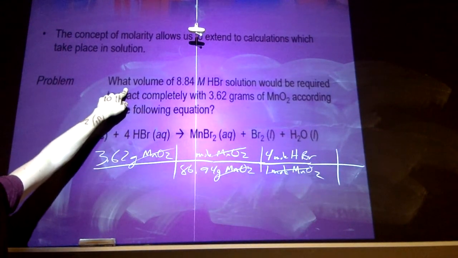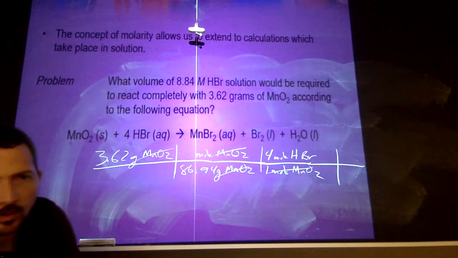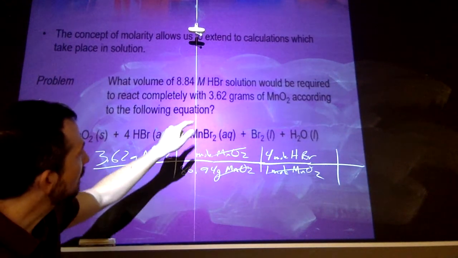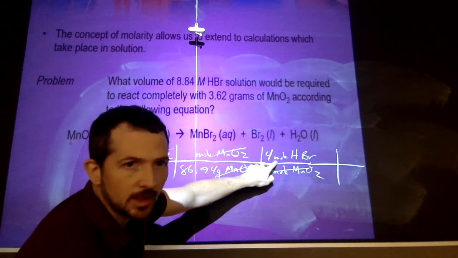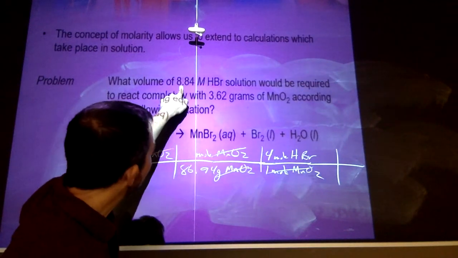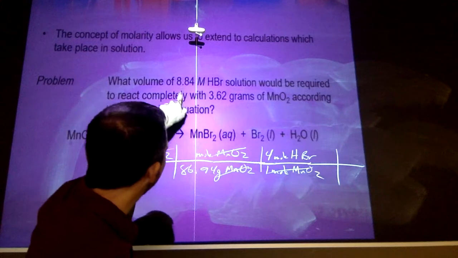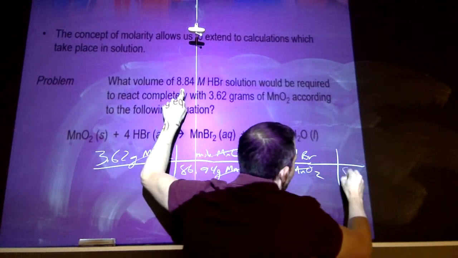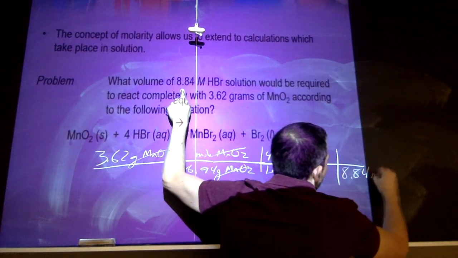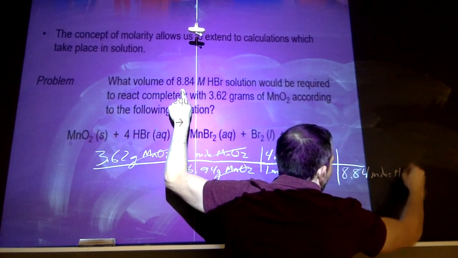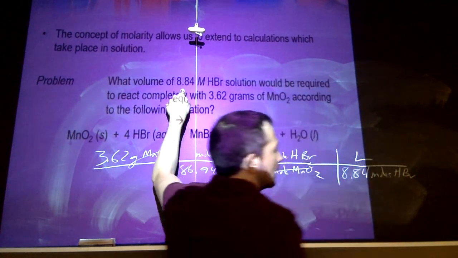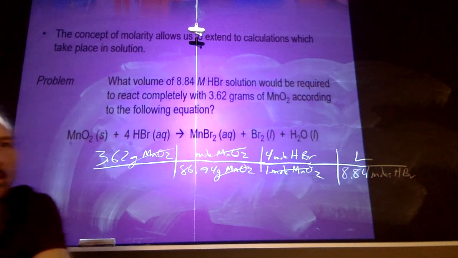Now the question says, what volume of this 8.84 molar solution do I need? So now I'm going to use that as a conversion factor. I have moles of HBr. So now I can just plug that in. Moles on top here, so I need moles on the bottom down here. So 8.84 moles of HBr per liter of solution.